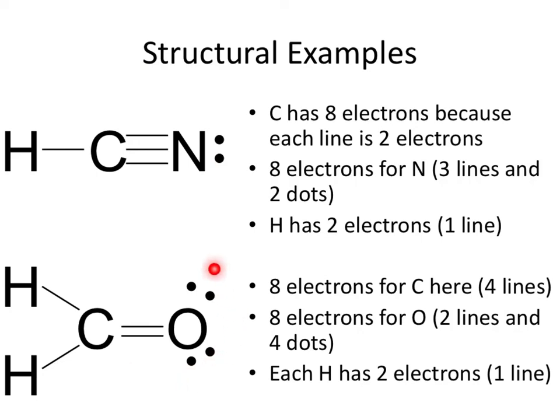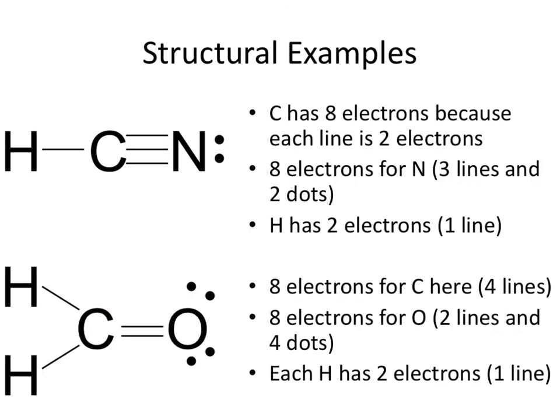And then we've got another structure down here that has 2 hydrogens in it. It has a carbon and it has oxygen in it. Everyone is filled and happy here, okay? And the way that we know that is we know that hydrogen has 2. Each hydrogen has 2. If we count around carbon, there's 1, 2, 3, 4 lines, which means there's 4 times 2, 8 electrons around carbon.